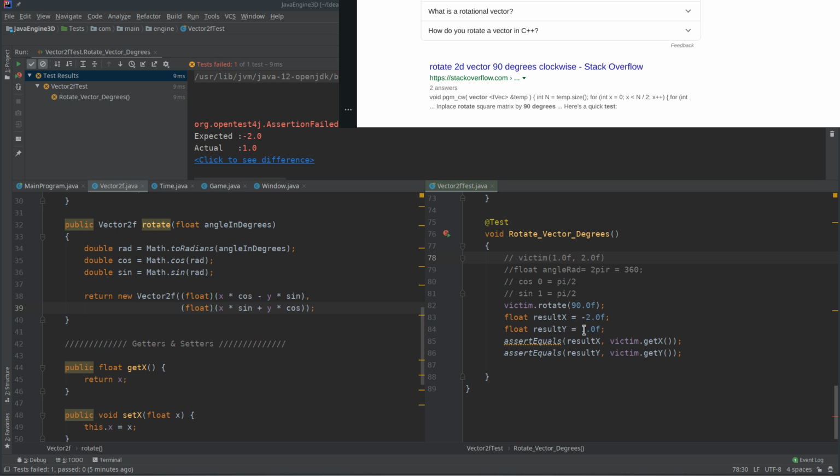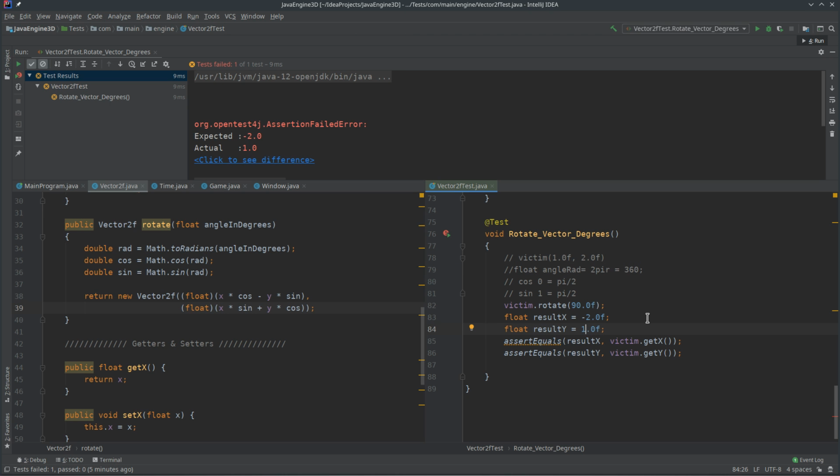So if you were going clockwise, it would be -1, 2. So is this going clockwise or anti-clockwise? That's wrong. The actual value of 1 should never come out of that. Unless I got these two the wrong way around.